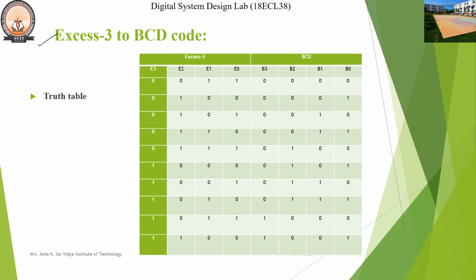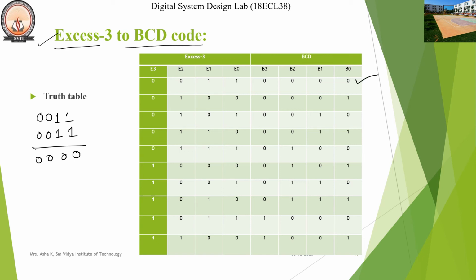Next, we will understand the conversion of XS3 code to BCD code. Excess-3 code always starts with the number 0011. Performing the subtraction of the excess-3 bits with the constant 3 gives us the first answer, that is 0000, in this truth table.